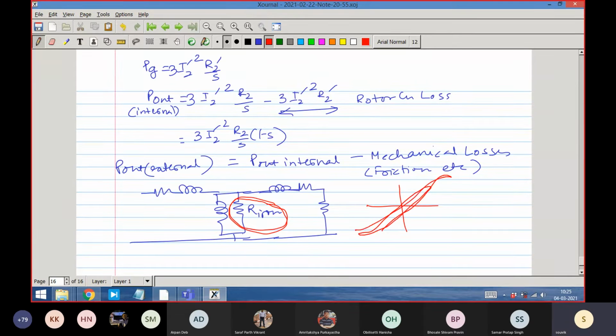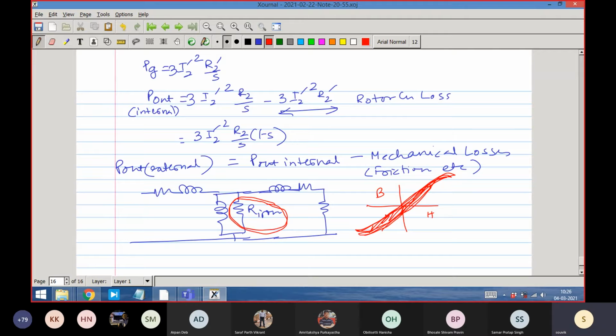This BH curve, one side is H, another side is B, and this area is the loss every time there is a flux excursion. So it is a function of the frequency. The higher the frequency, the higher will be the loss. So here comes the clue.